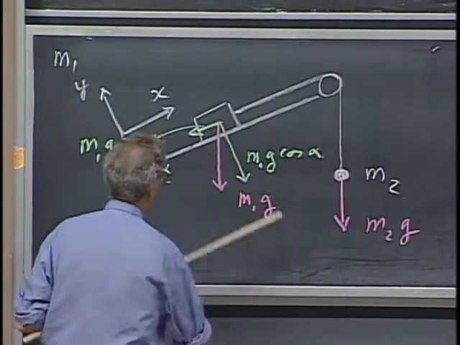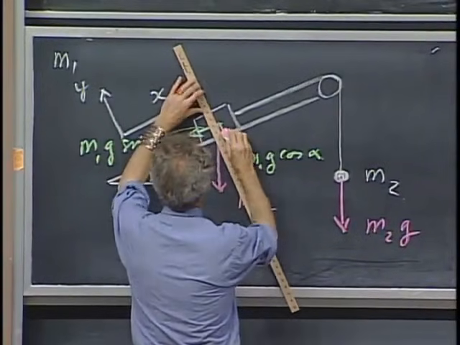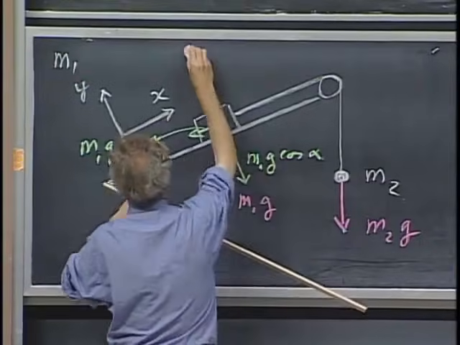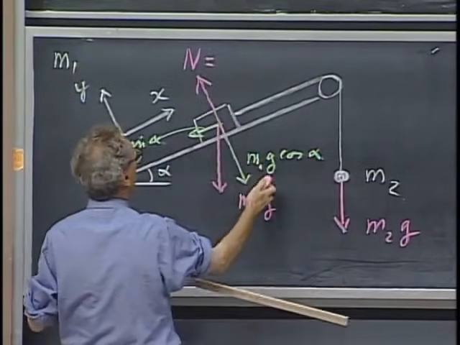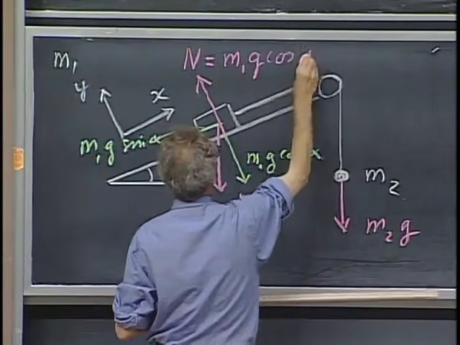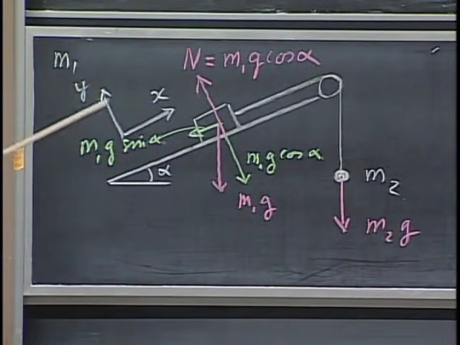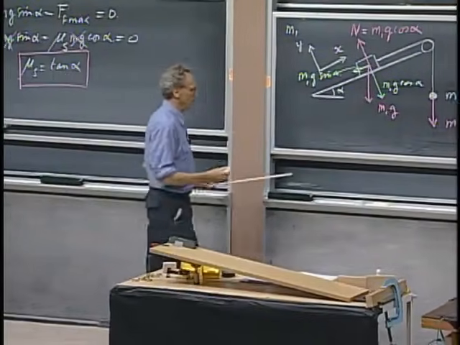Clearly, this one, m1 g cosine alpha, we never have to worry about. There is no acceleration in the y direction. So this normal force N will kill this one, and this is m1 g cosine alpha. So you never have to worry about the y direction. We know there's no acceleration. We only deal with forces in the x direction that are of interest.